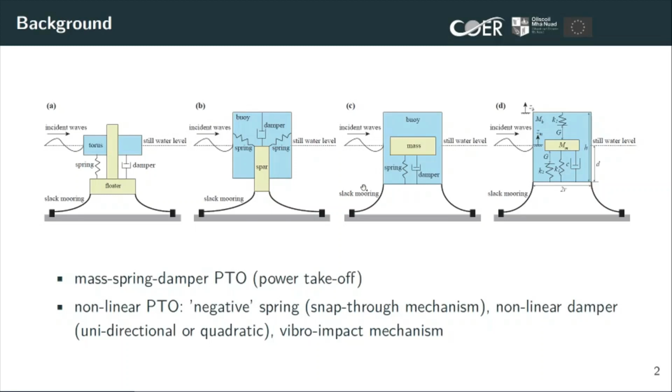In Figure C, if a unidirectional or quadratic PTO damper is used, it is possible to have more power than a linear one. For these wave energy converters, another concern is end-stop protection.